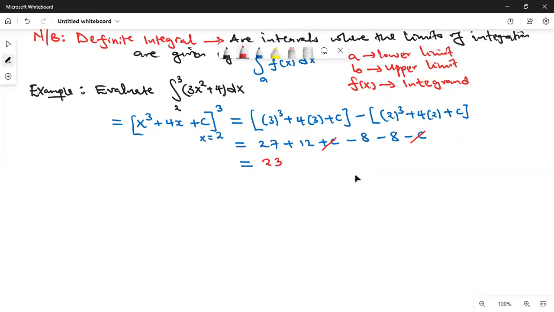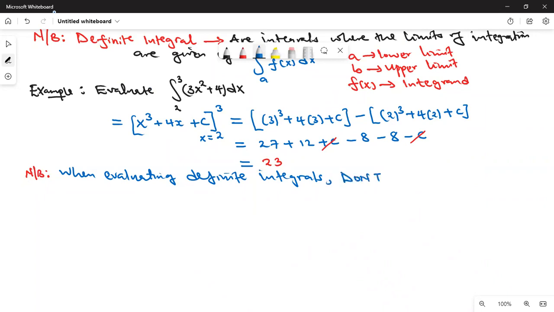So a point you need to take note of is this one. You can write a note that when evaluating definite integrals, don't write the constant.